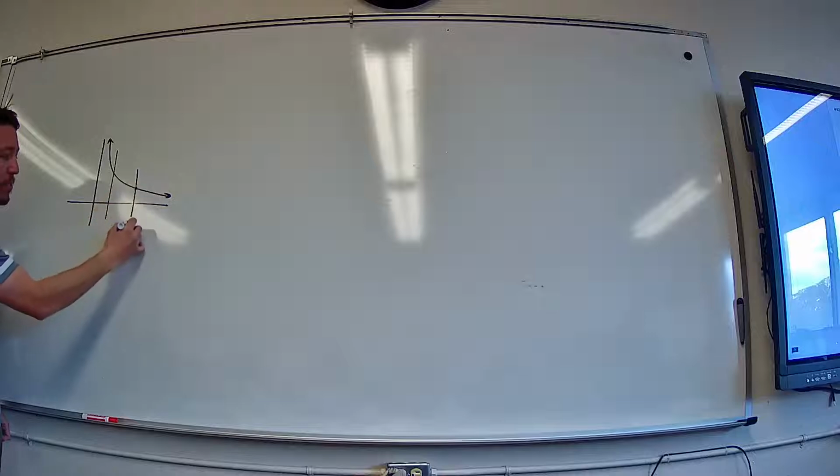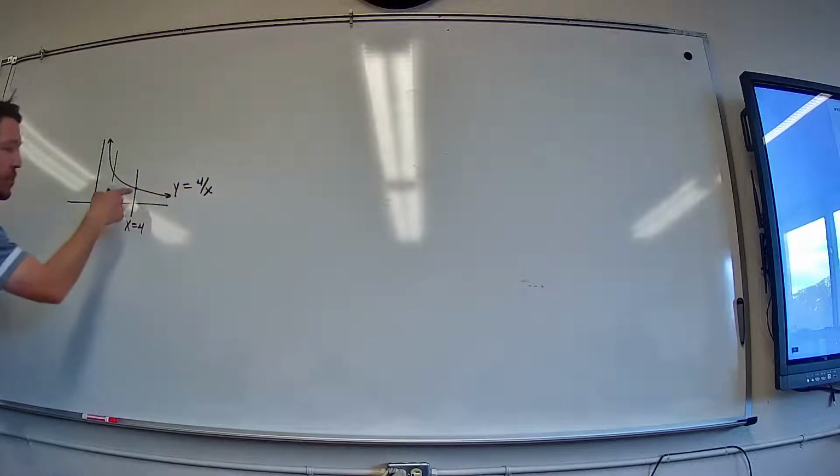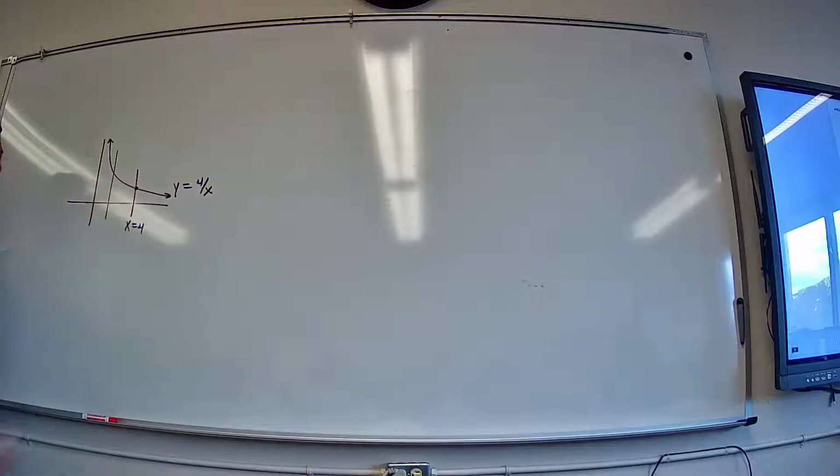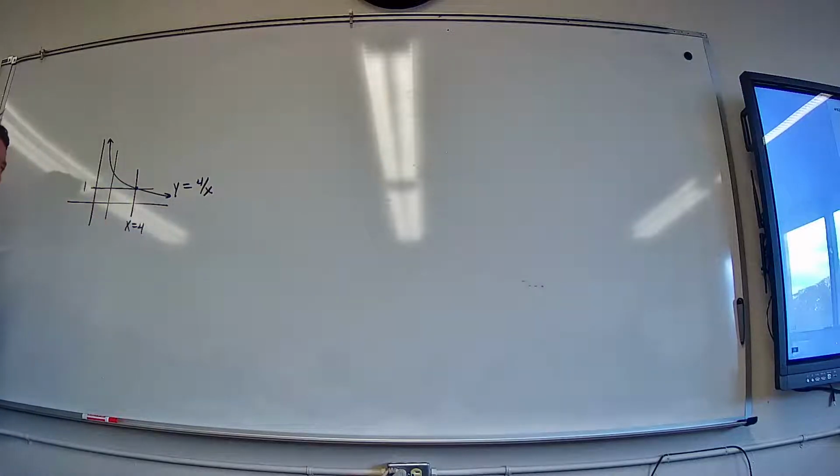So I'm pausing here because I'm wondering, is y equals 1 up here, or is it down here? Let's identify this point here. If this is x equals 4 and this is y equals 4 over x, then what are the coordinates at this point? 4, 1, right? Makes sense? So this is actually going to end up being a pointy shape.